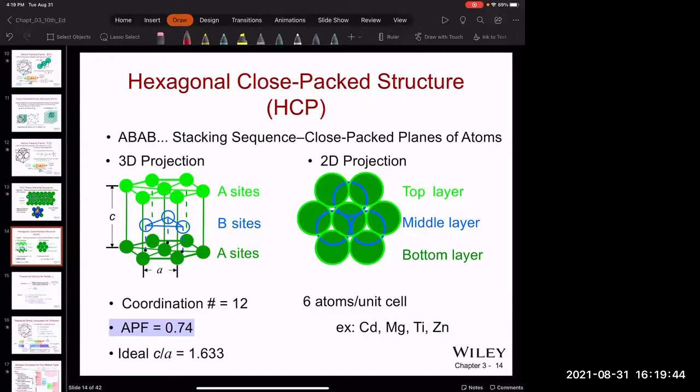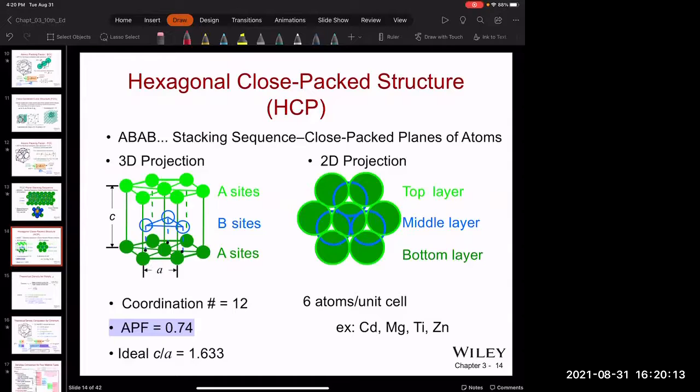Now, this one is called the HCP. It's a hexagonal close-packed structure. If you look on the left-hand side, that is a representation of how the atoms are arranged in three different layers. The top layer and the bottom layer are arranged the same way.